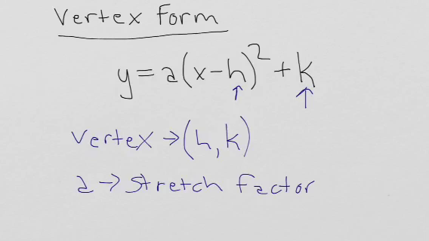But if that ratio ends up being 2, then our stretch factor is 2. And if that ratio ends up being, say, 1/3, then our stretch factor would be 1/3.